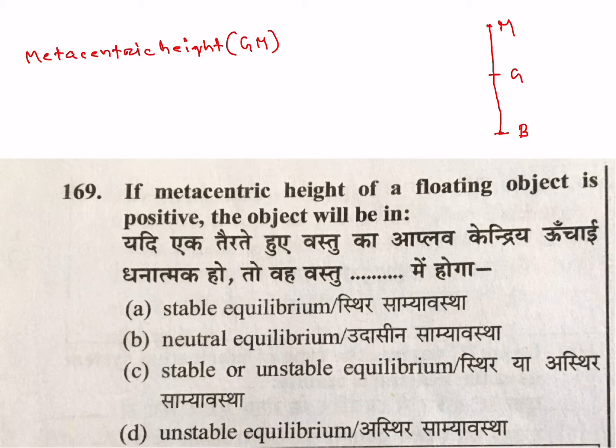If M is above G, we will get it like this. Then GM equal to BM minus BG. Metacentric height is your GM. It's the positive case, so you will get M above G.